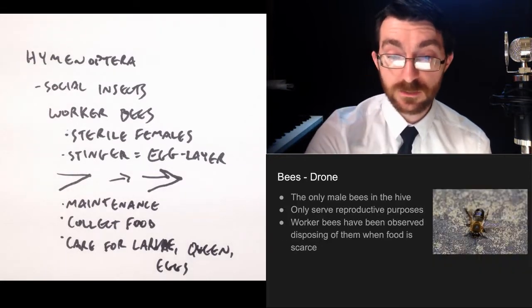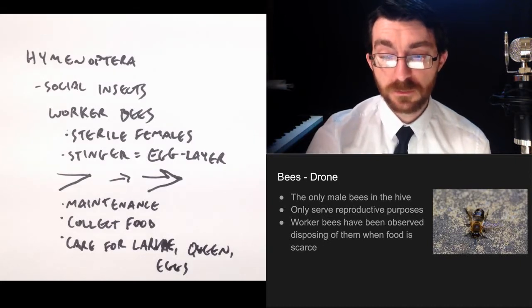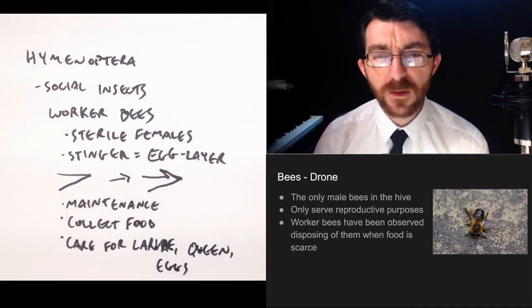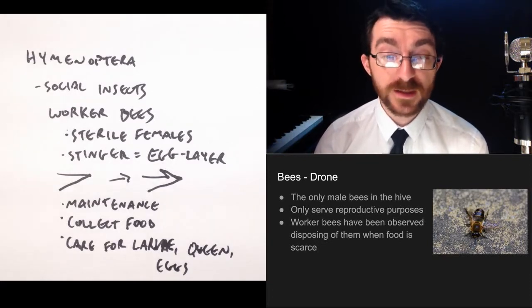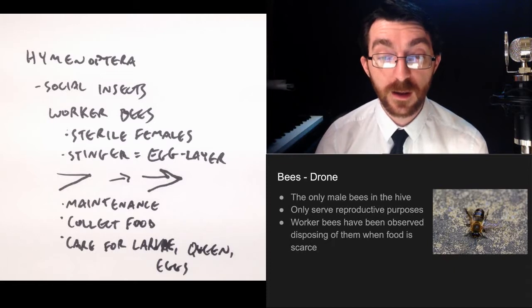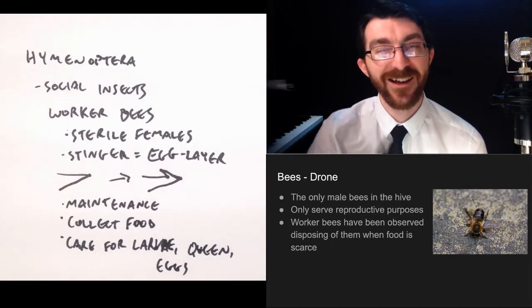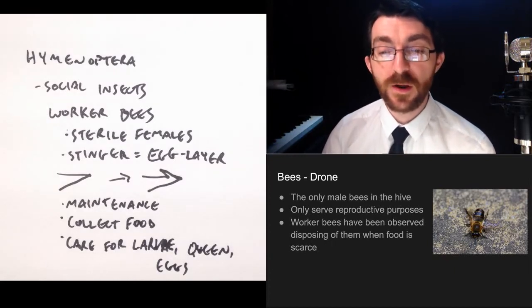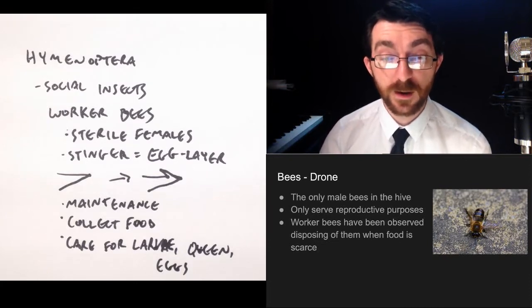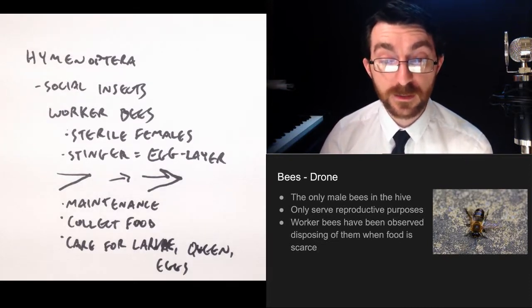Right. Okay, so worker bees. Well, what about the men? What about the males? That's actually what a drone is. The drones are the only male bees in the hive. There's not very many of them. They only serve reproductive purposes. The only reason they're there is for reproduction, to provide the male gamete to the queen.